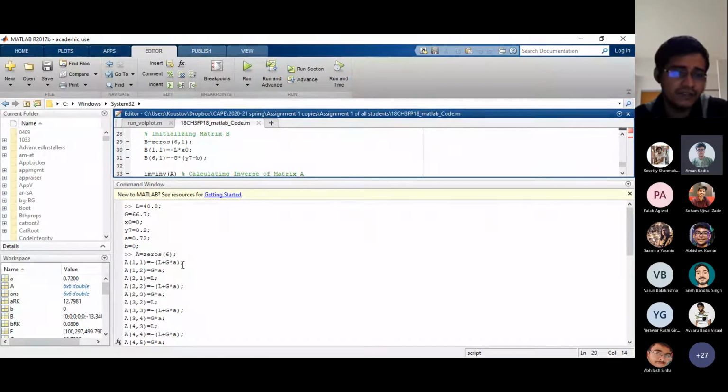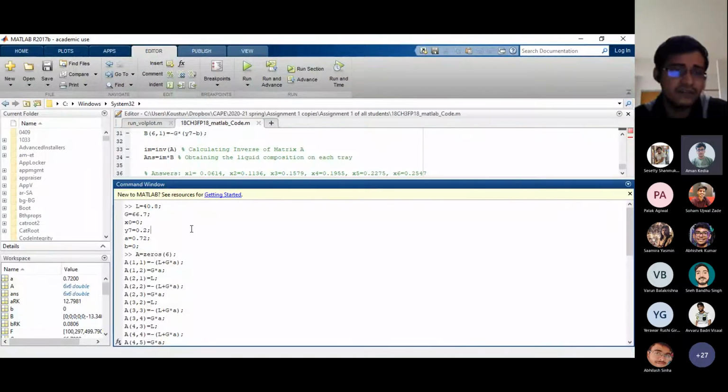So here I have basically written the input parameters: the liquid flow rate, the gas flow rate, the concentration of solute in the liquid, and the concentration in the gas which is entering the tower. So these are the known inputs.